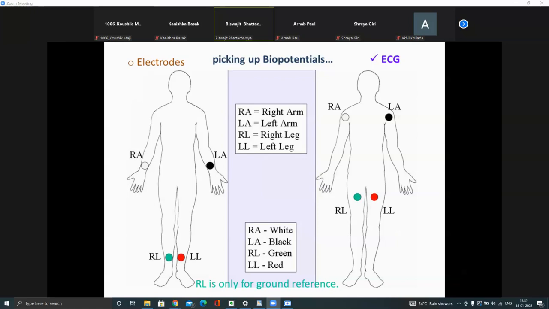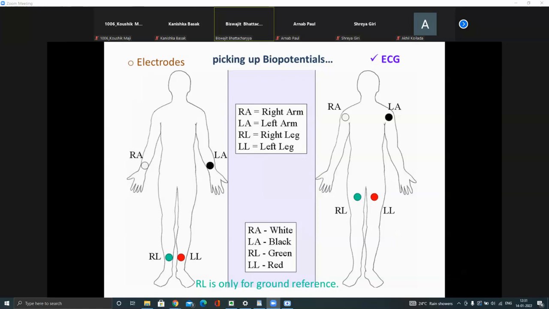Similarly, instead of placing the electrode at the right leg or left leg position, they are moved up a little, over our thighs. Symmetrically, they are located in that way. But the left configuration is much more common.